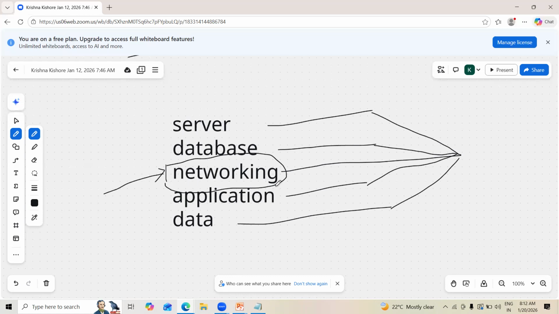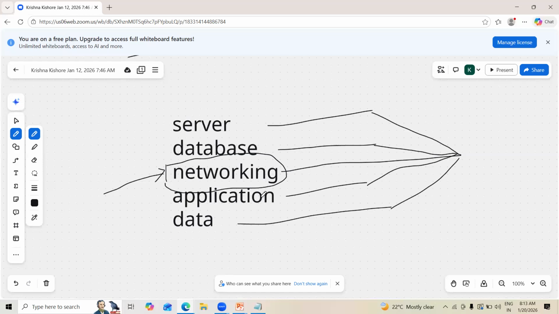So networking is a very important topic to understand. Why this network, how we are going to implement this networking, what concepts there are in networking, how we are going to implement security with the help of networking. All these things we have to learn one by one.